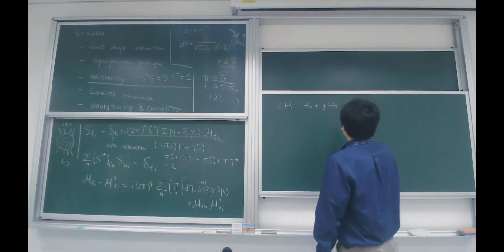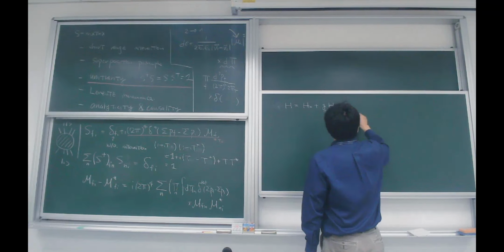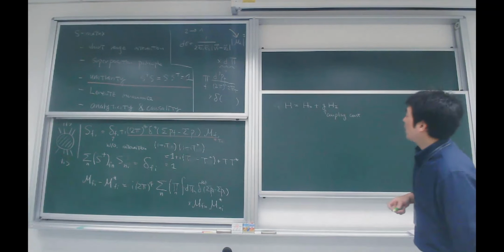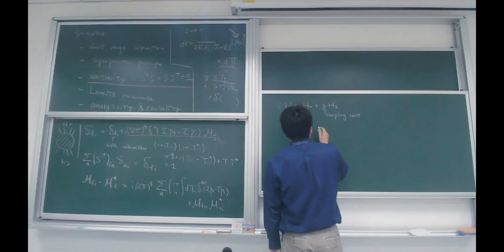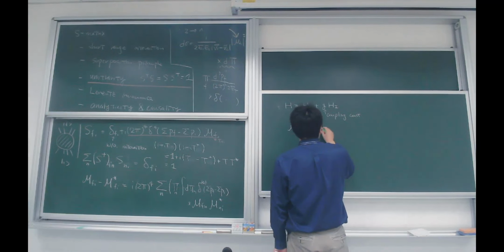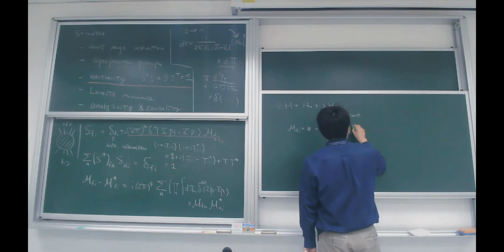Then because of the Dyson series, we already know, and you also did on the homework, that M can be understood as some number plus some number times g plus some number times g squared.